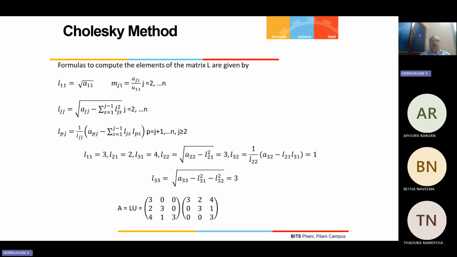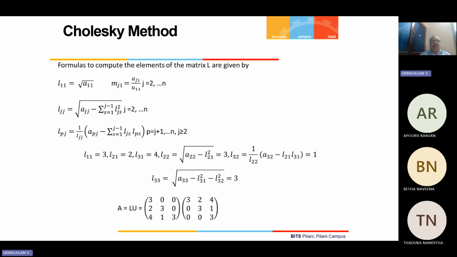S starts from 1, you can go to S equal to 2 to L32 also, because L32 is available. So L32 square. Then you may ask one question, why is it minus? Because minus of summation. So minus minus. Will you go to the next one? You will not be able to, because the next one, it is only 3 here. Okay. Next you can have, of course, minus L33 square, but you don't have L33, isn't that?